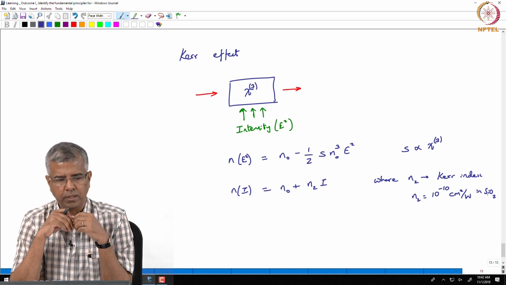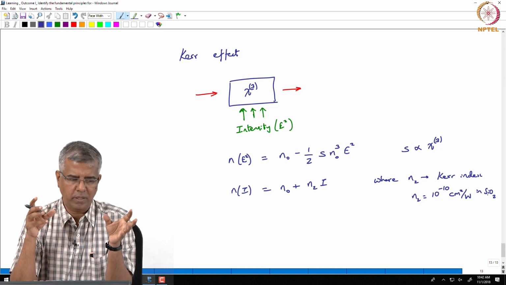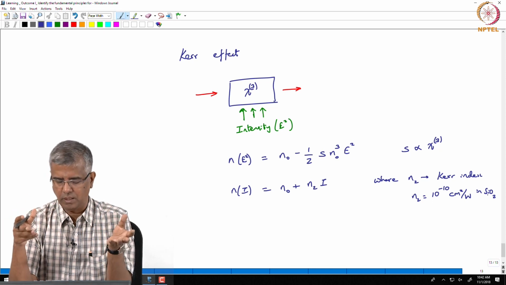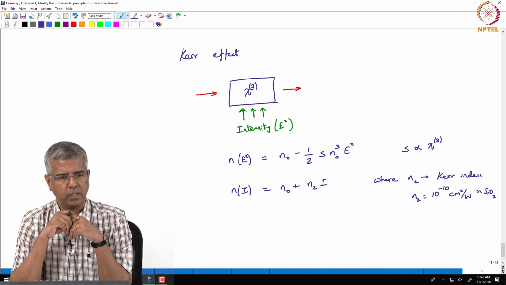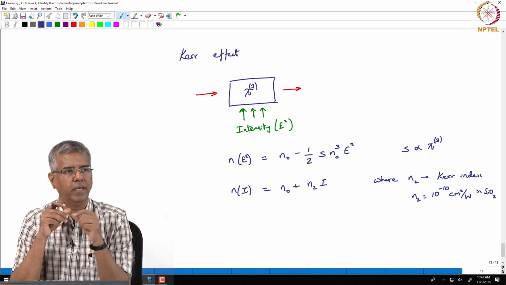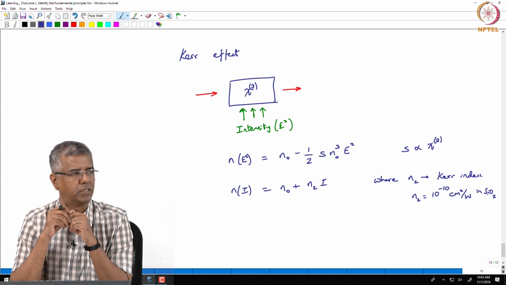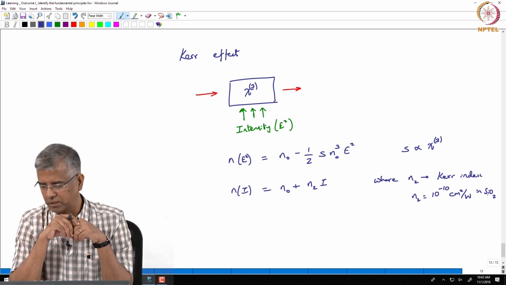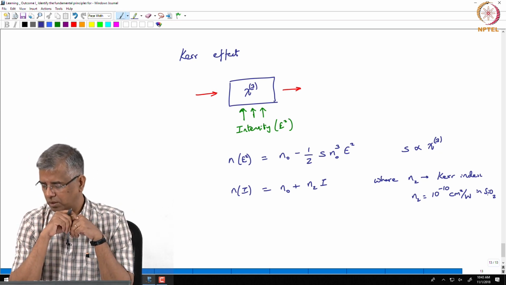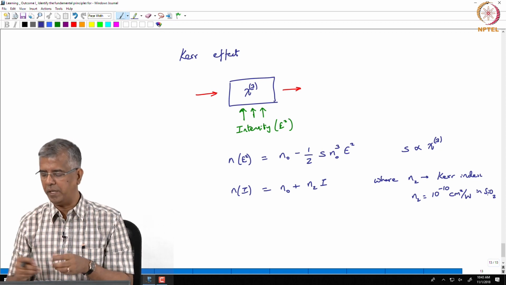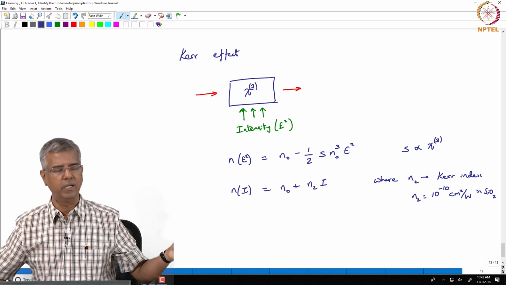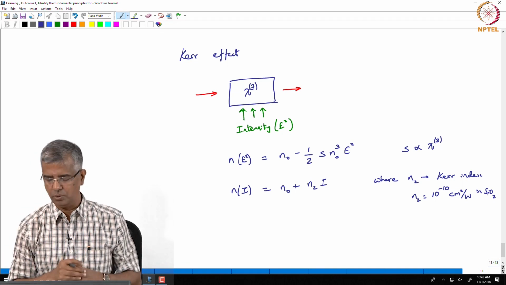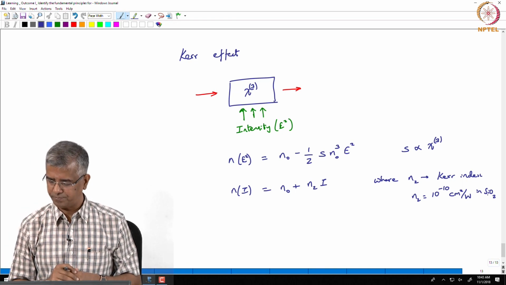So, you can achieve this 4-wave mixing, you can achieve this Kerr effect, all of those things with a relatively small structure, relatively short structure, okay. Whereas if you are doing it in silica, that is in fused silica, you need a much longer length to achieve the same effect, okay.